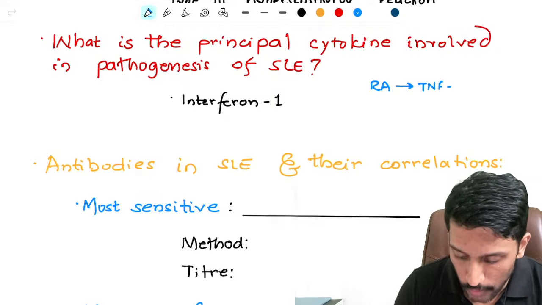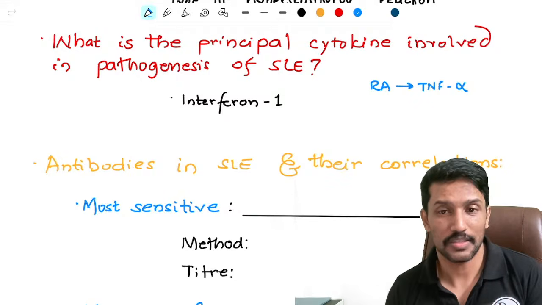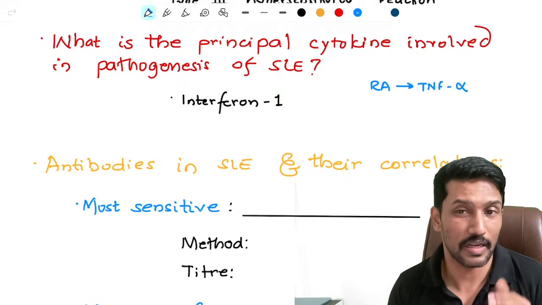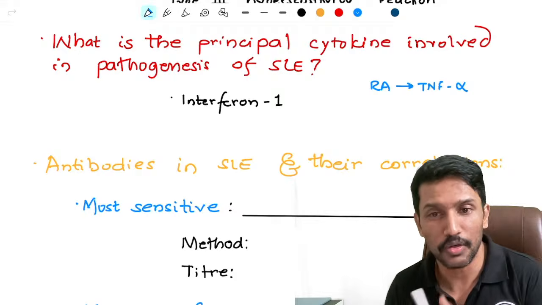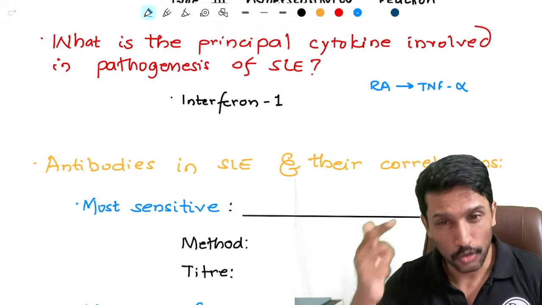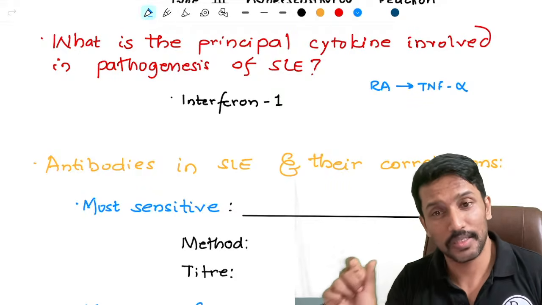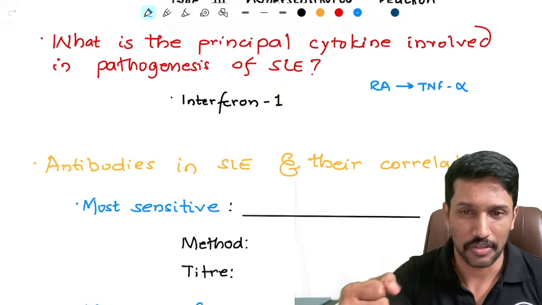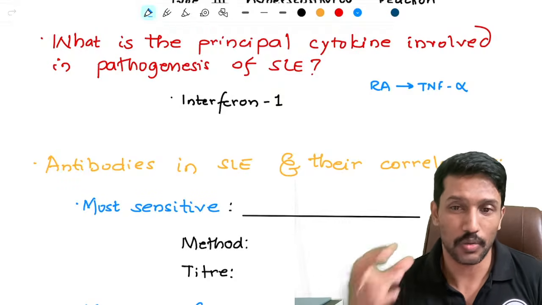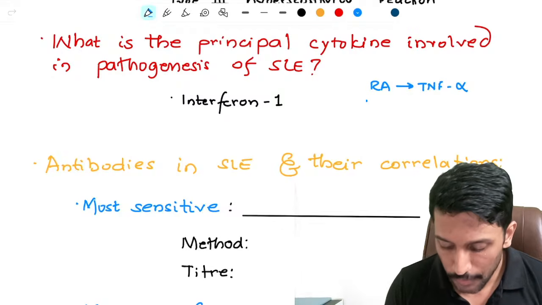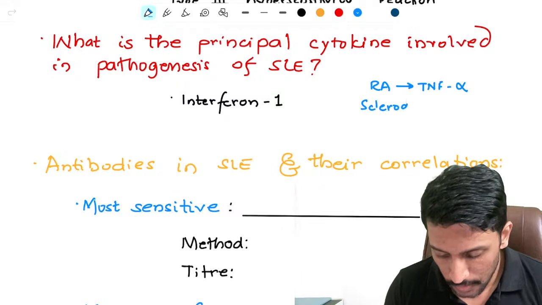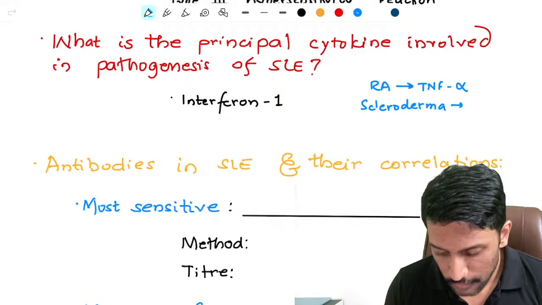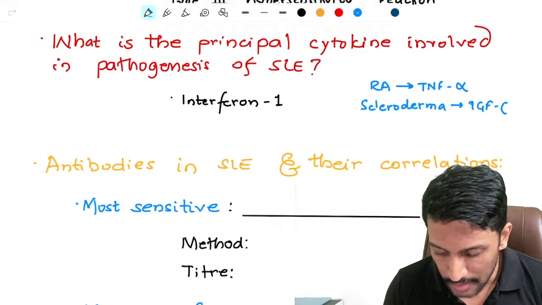That's why when the teacher teaches you about rheumatoid arthritis, he says we will be using anti-TNF alpha drugs for treatment of rheumatoid arthritis, because there the joint damage is all done by this TNF alpha. It is the lead cytokine that is causing inflammation. If I have to talk about scleroderma, then it is transforming growth factor beta.